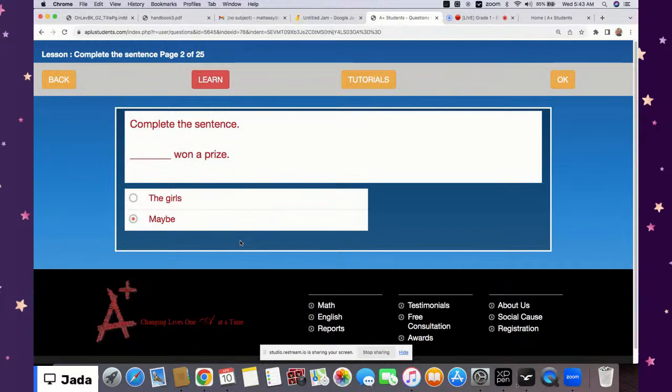What's your answer? So, okay, the girls.